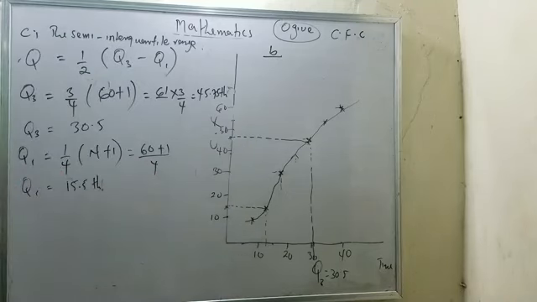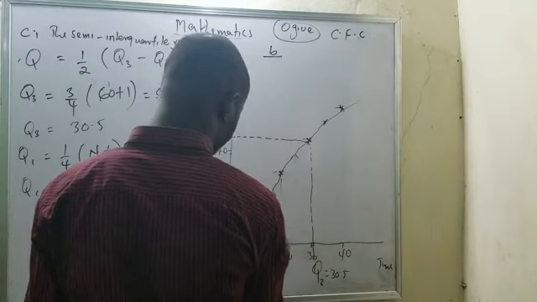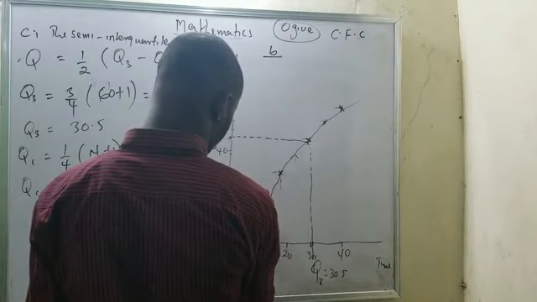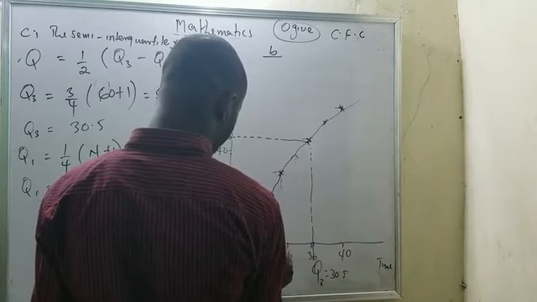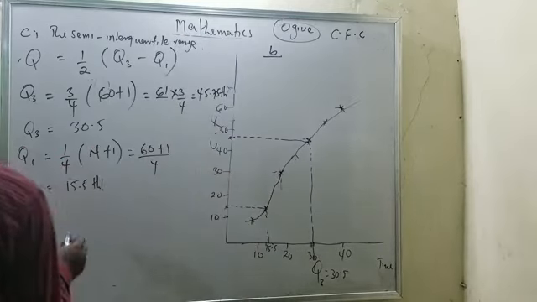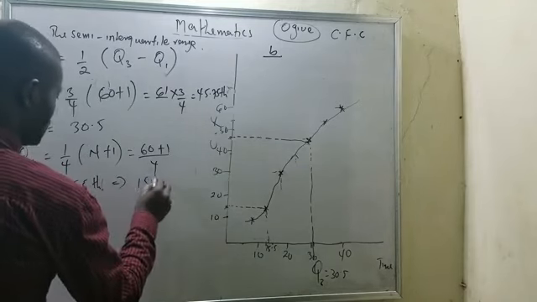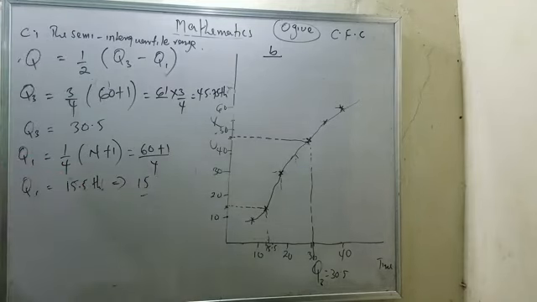Whatever you have there is your Q1, which is 15.5.